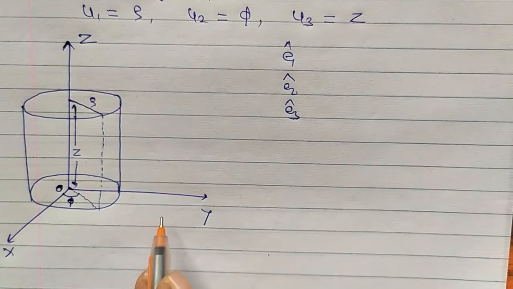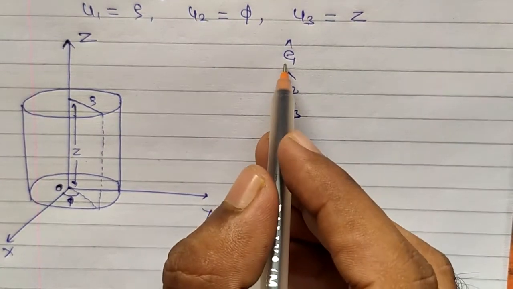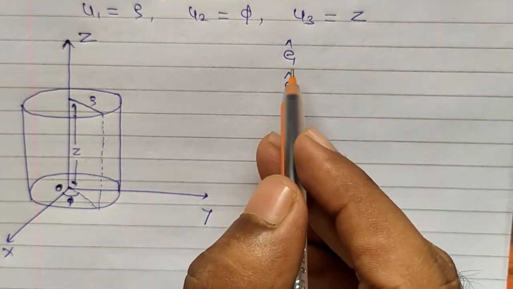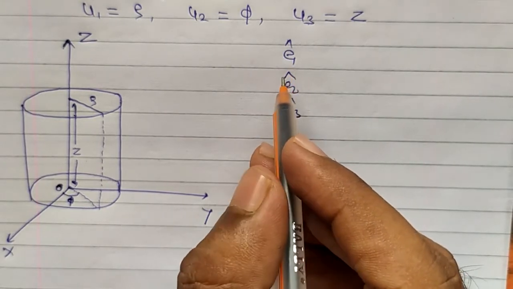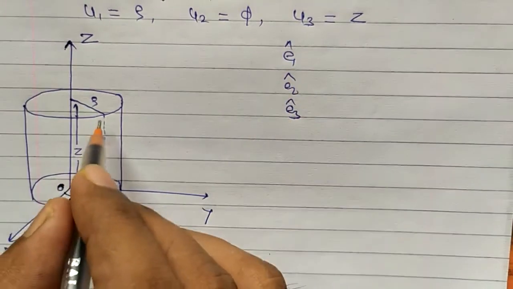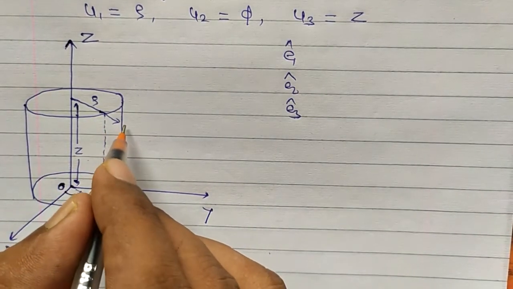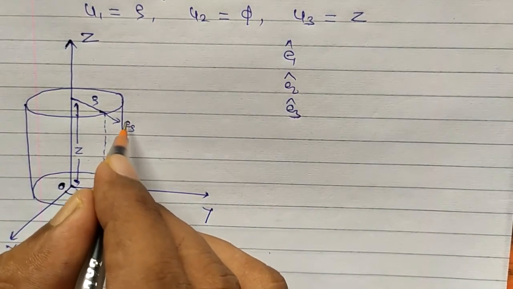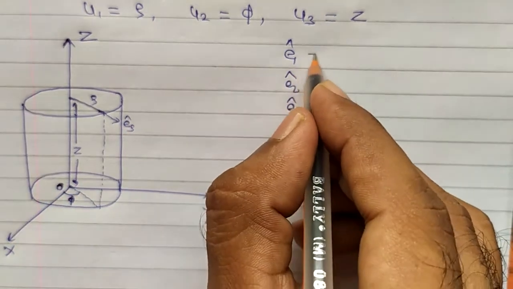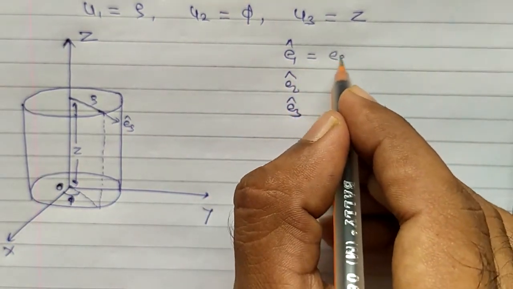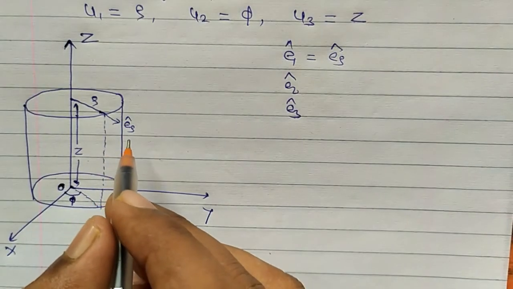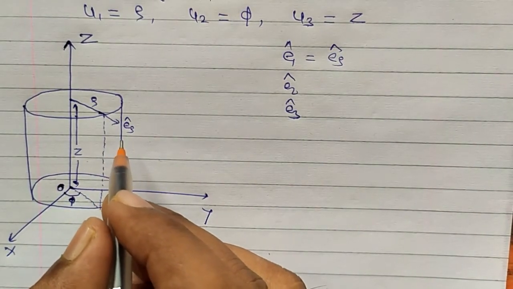Now, the first unit vector will represent the direction of increase of rho. So you see rho is going to increase in this direction, so I will call it E rho cap. So the first unit vector is E rho cap, which denotes the direction of increase of rho.